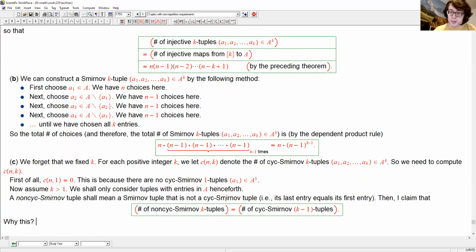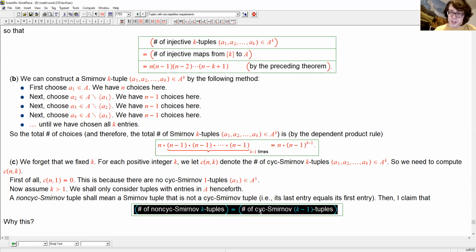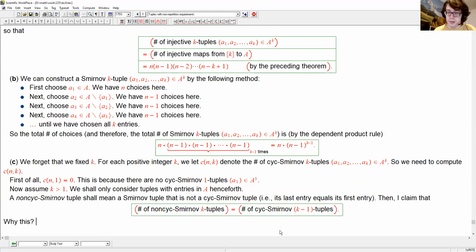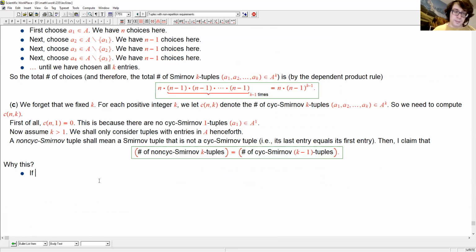Well, how do we prove that two numbers of things are equal? You construct a bijection between the two things. At least this is the most obvious idea, how to do it. So if A1, and so on, Ak is a non-6-Smirnov k-tuple, then Ak must be A1 because it's non-6-Smirnov. That's what non-6-Smirnov means.